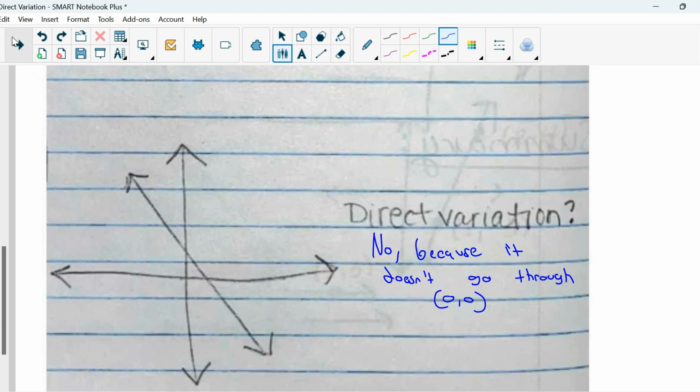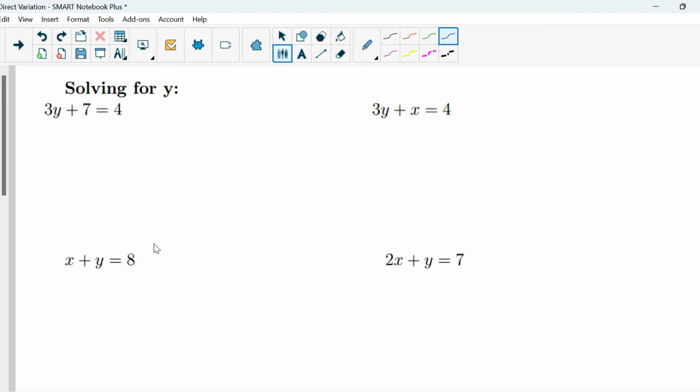But the more important part to this lesson is that we have to solve for y in some of these cases of direct variation. So to solve for y, we just have a couple of steps here.